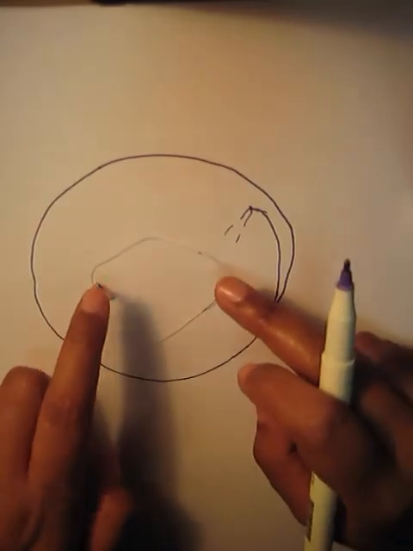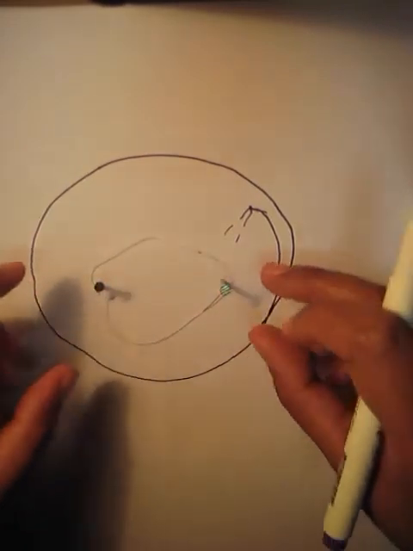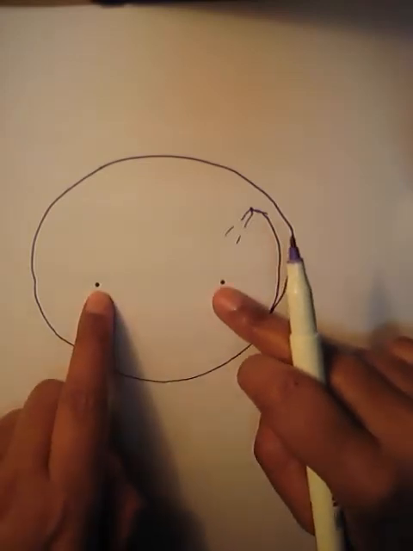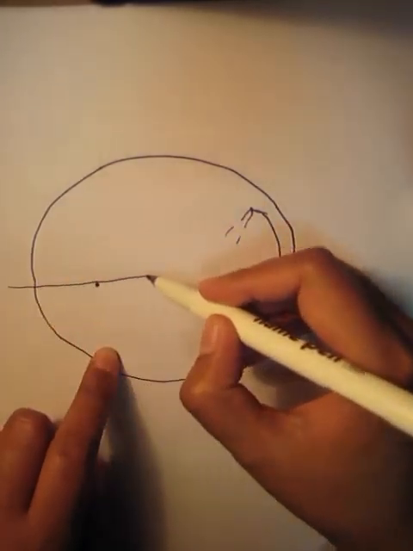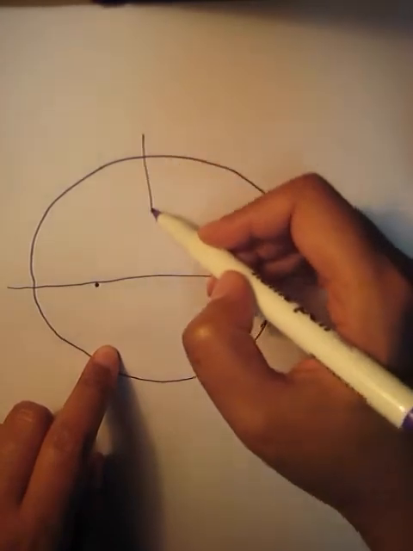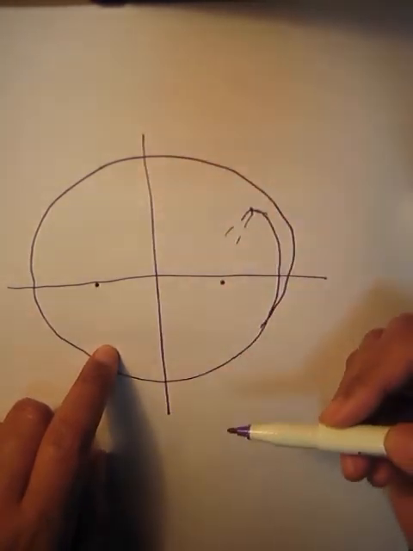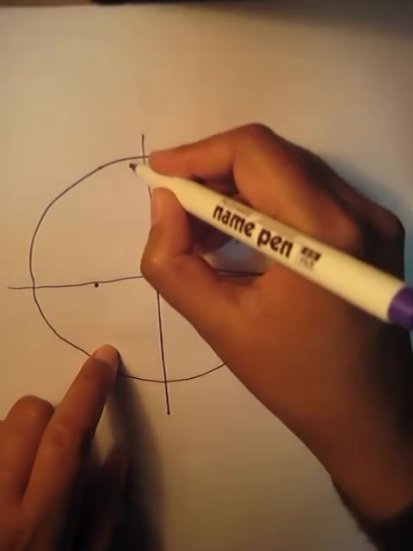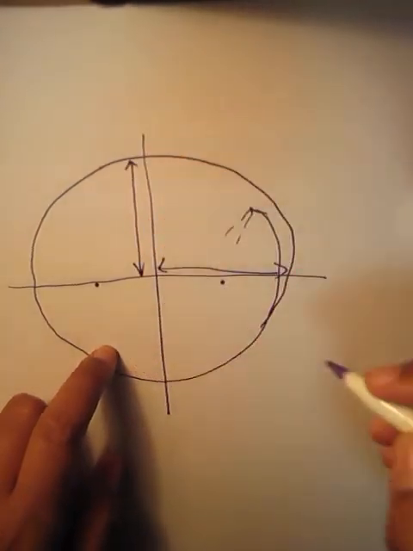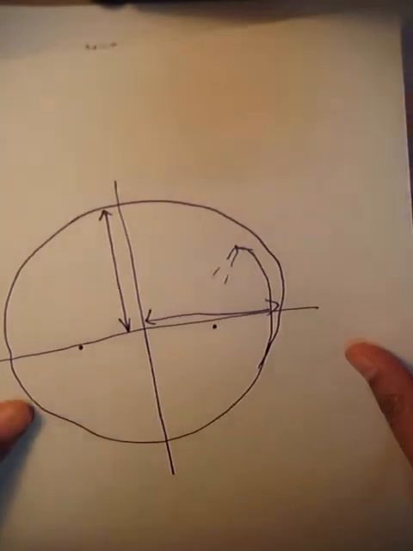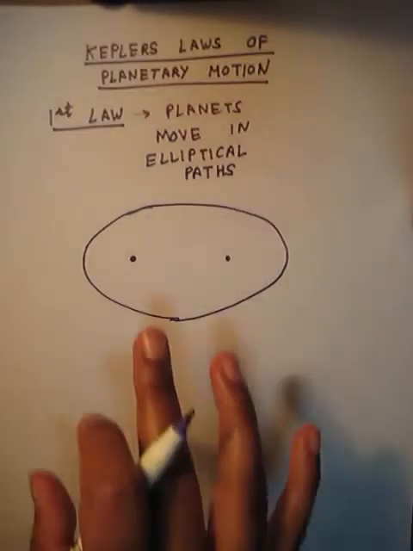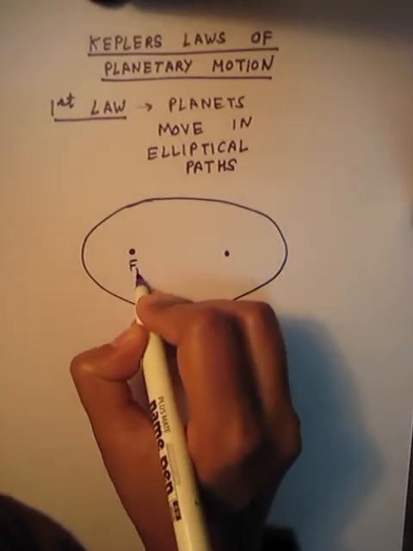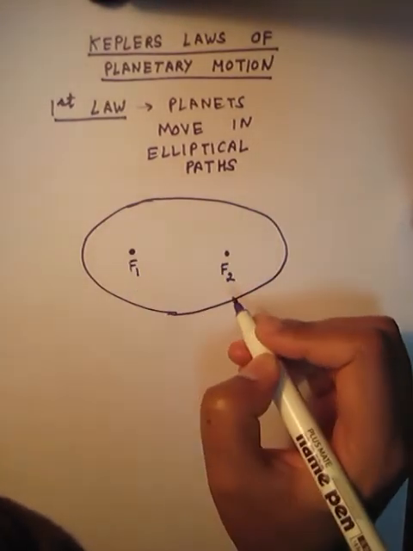Okay, and these two points are actually the focal points of the ellipse, and this is the major axis and this is the minor axis, and this is half of the major axis and this is half of the minor axis. So let's try to draw it very clearly. So this is the ellipse and it has two focal points. Let us say this is F1 and this is F2.